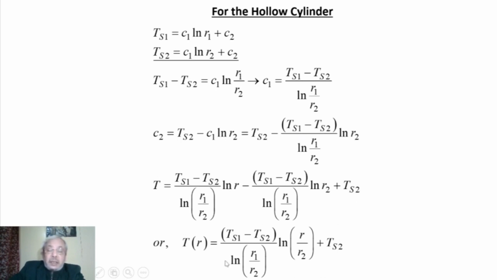So T(r), the general expression, the solution is Ts1 minus Ts2 divided by ln r1 by r2, into ln r by r2, plus Ts2. This is the general expression which is a function of r.